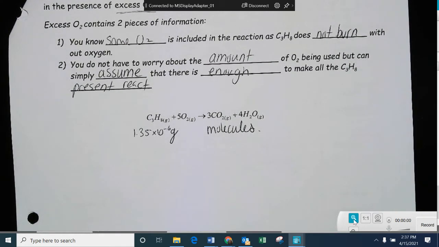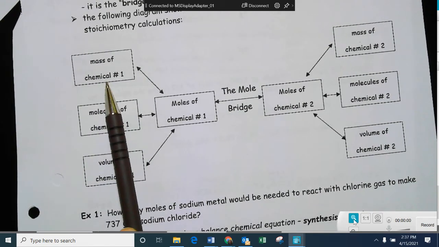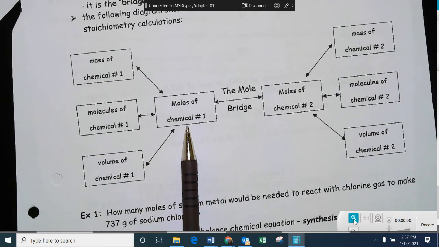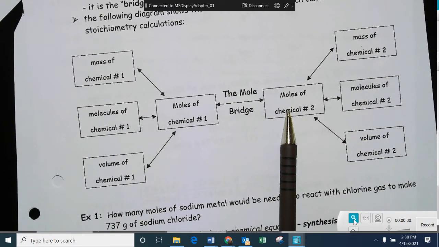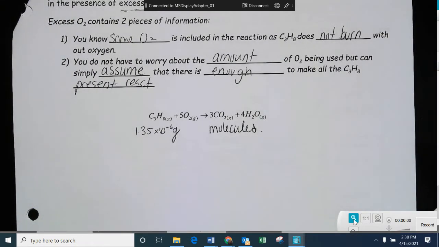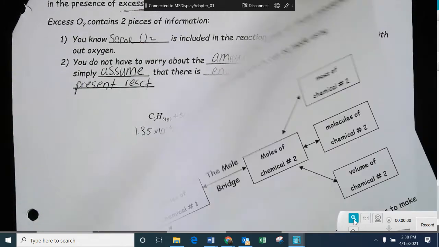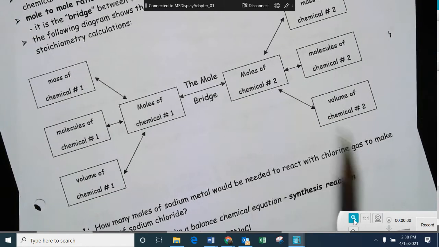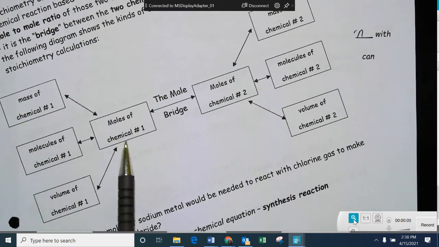So if we look at our chart back here, what we're doing is going from mass of propane, and we're going to need to go to moles of propane. We're going to need to use our ratio and get over to moles of, are we looking for water? Carbon dioxide. We're looking for carbon dioxide. Yep. Moles of carbon dioxide and then molecules of carbon dioxide. So we're going like that.